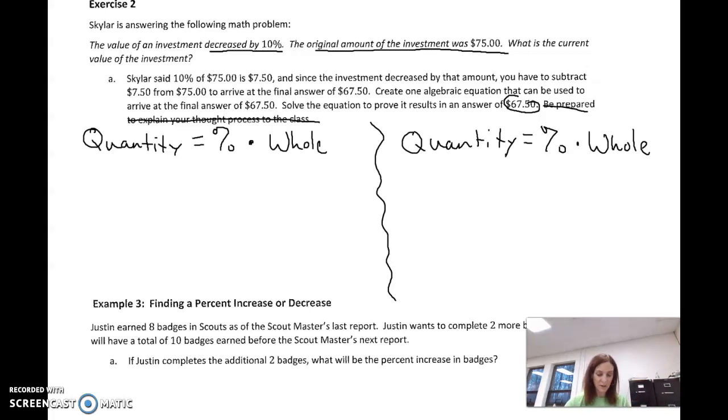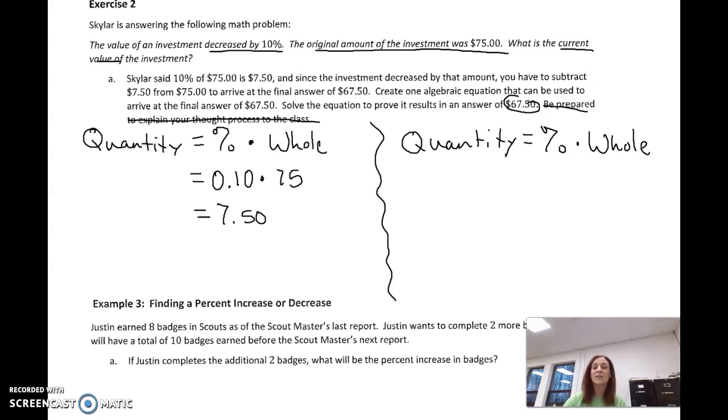We want to know what's the current value. We know the percent, 10%, so I am going to change that to a decimal right away because we can't do anything until we change it to a decimal. And what was our original amount, our whole? Well, it's 75. So I'm going 10%, 0.10 times 75, and I get $7.50. That's what Skylar set up here.